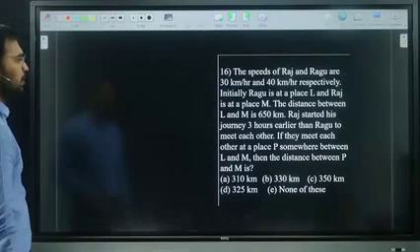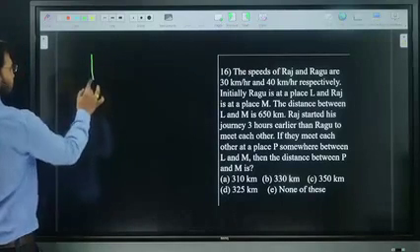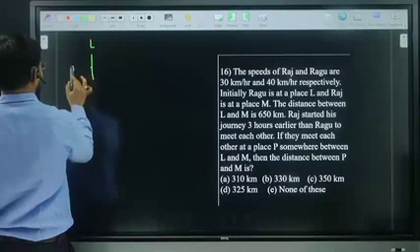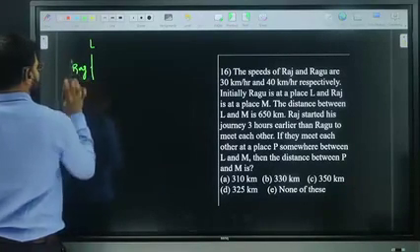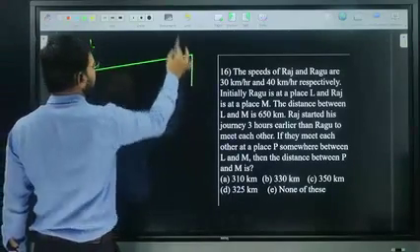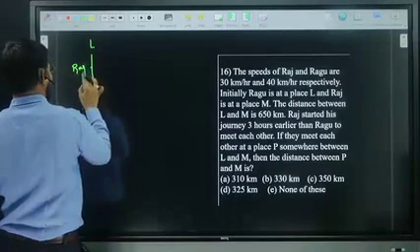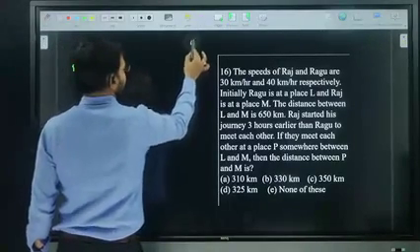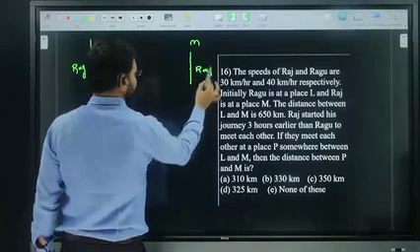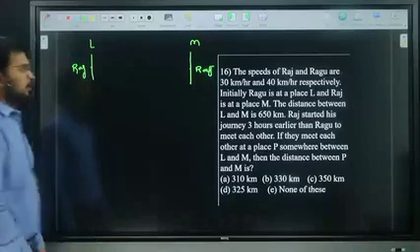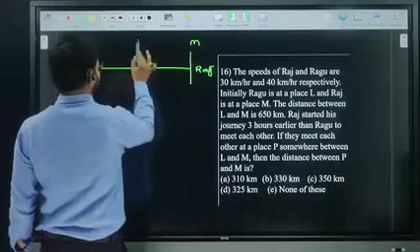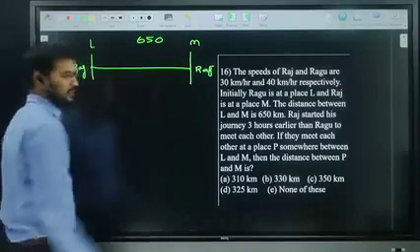Initially, Raghu is at place L and Raju is at place M. The distance between L and M is 650.